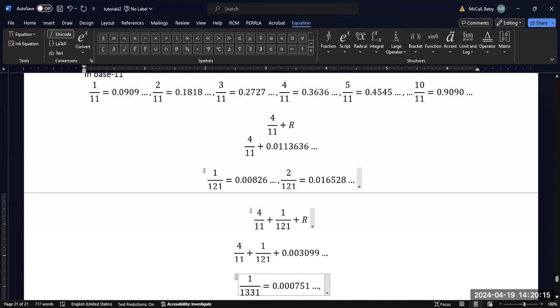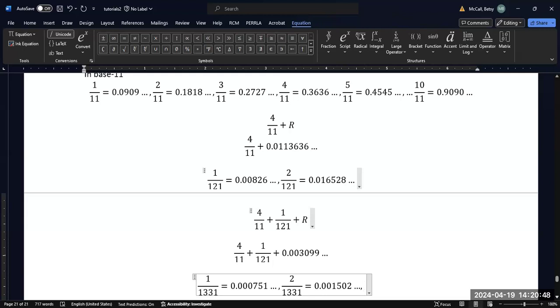And things may get a little bit confusing in your calculator because they are now converting to scientific notation. So 2 over 1331 is going to be 0.001502.